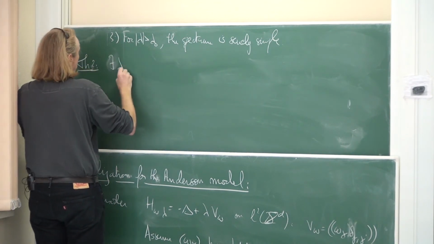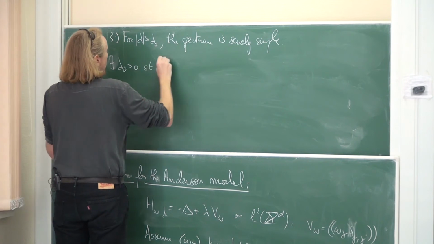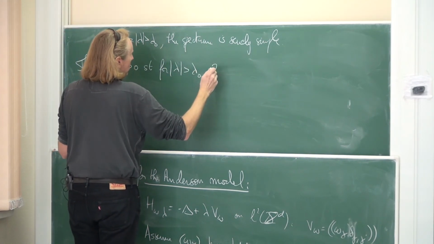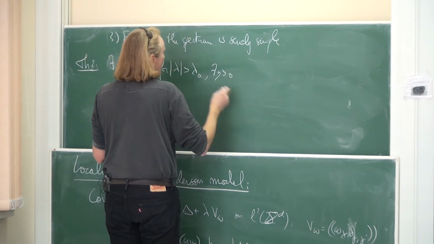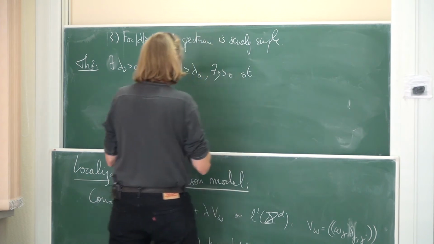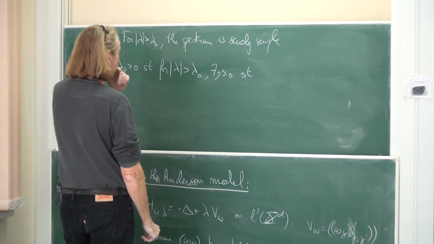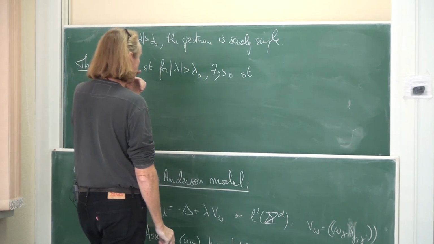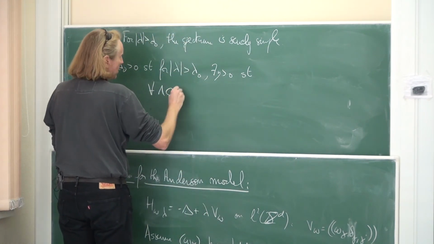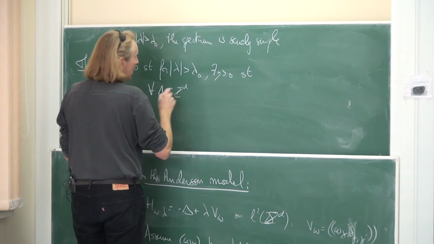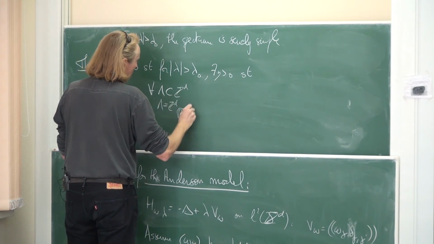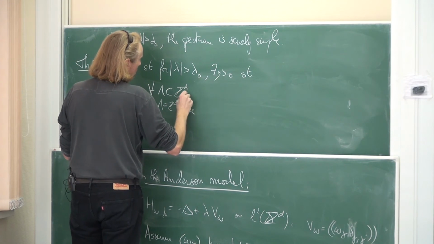There exists λ₀ positive such that for λ larger than λ₀ there exists η positive such that for any Λ inside ℤ^d, a cube.